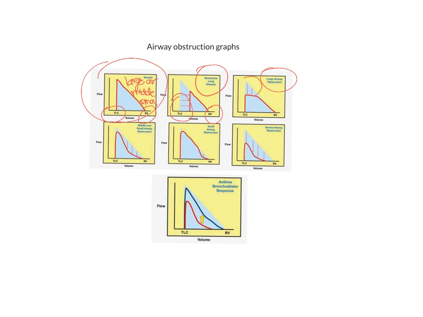So if this area is actually decreased and the graph has been cut off from the top region, that means that we have a large airway obstruction. And basically, when determining these graphs, based on where the graph has been cut off or changed, then that's going to determine what kind of obstruction it is and what area of the lungs or the airways it's occurring.